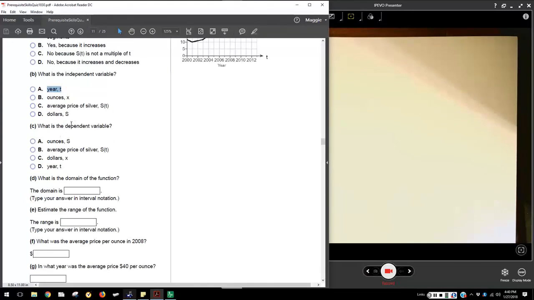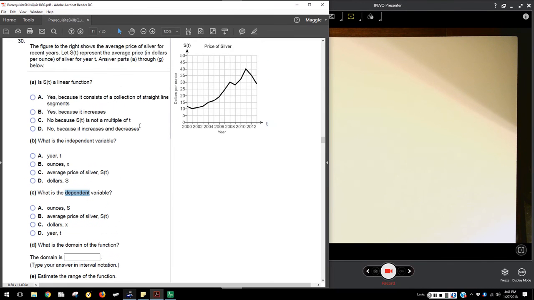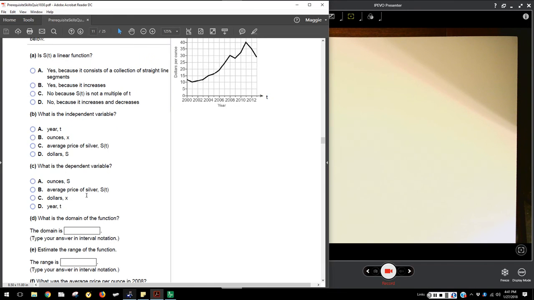What is the dependent variable? Dependent means that the outcome depends on what year it was. And what we're looking at here is that the outcome is the price of silver. So the outcome, or the dependent variable, is the price of silver, which is S of t.